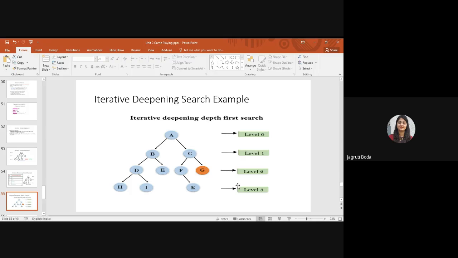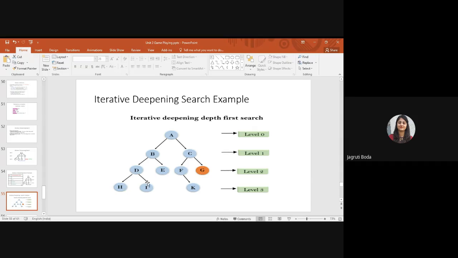So starting at level 3, how are you exploring using iterative deepening depth first search? So you are starting with node A, right? Now you are exploring their child B, then D, then H, right?